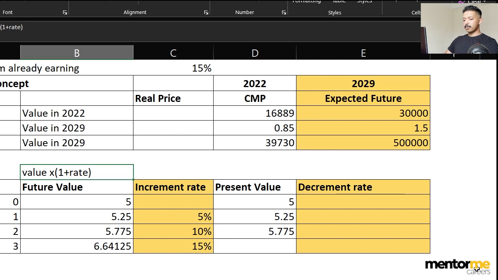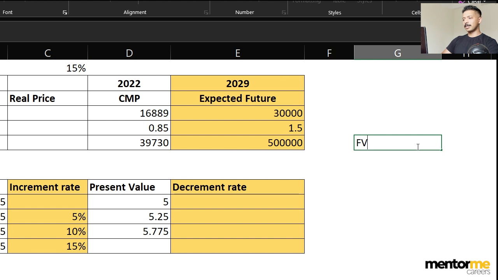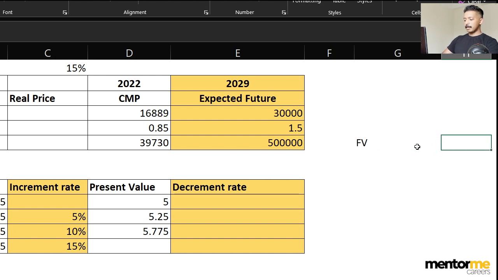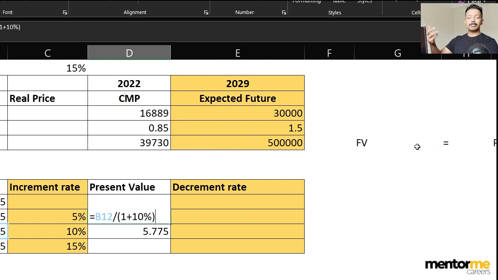If you would like to look at the simplified version of the formula, all we are saying is that future value is equal to present value into 1 plus r raised to whatever number of periods you are doing. Since we are doing it for every period, we are not writing raised to 1, because it's obvious, as we're only doing it for one period.